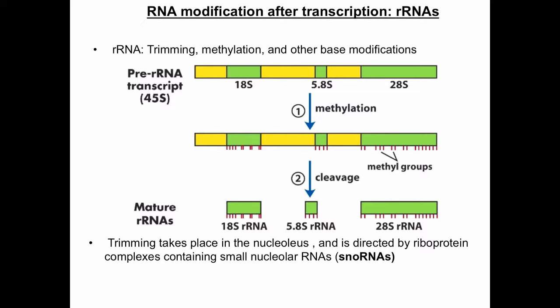This trimming is directed by ribonucleoprotein complexes that contain another type of regulatory RNA called small nucleolar RNA. It's located in the nucleolus, and these small nucleolar RNAs, also known as snoRNAs, are involved in the trimming of the mature rRNAs.